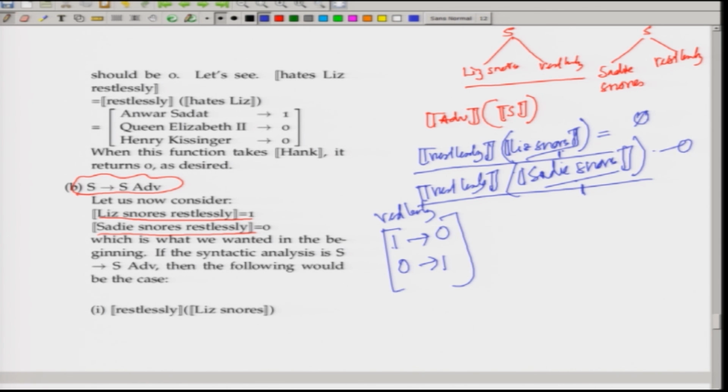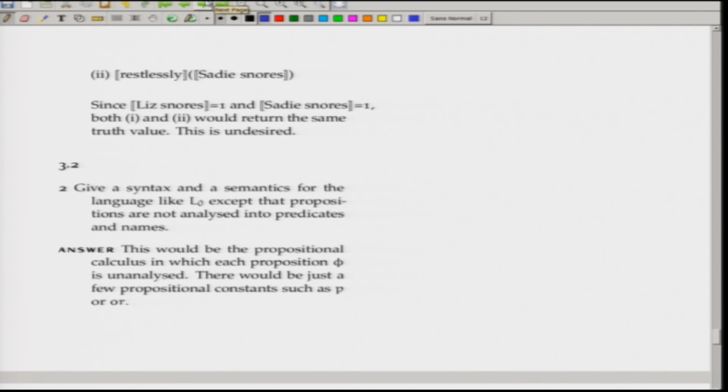The desired thing is this should be 1, this should be 0, but this analysis will not allow us to have that. Since both Liz snores and Sadie snores are 1, restlessly would return 1 for both, which is problematic. That is the reason this construction, S goes to S ADV, is problematic.